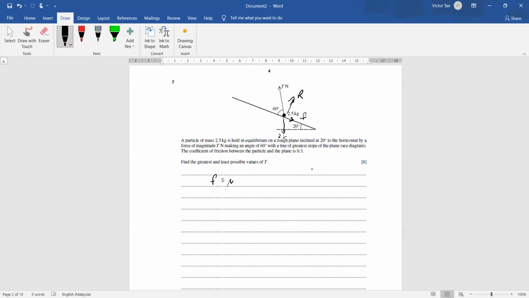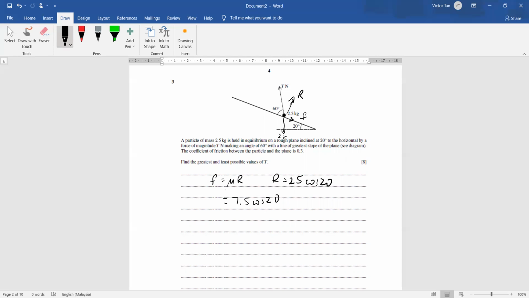F equals mu R. So R is 25 cos 20, not sine. So F is 7.5 cos 20.